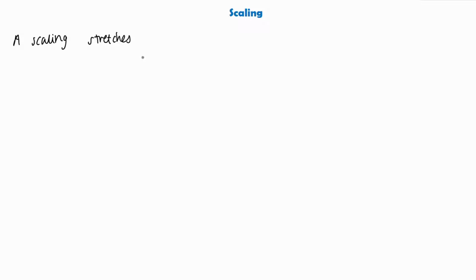So if you remember, a shift is a translation, a flip is a reflection, a scaling stretches or compresses. We'll look at both cases. So it stretches or compresses the graph along one of the axes. And again, we'll look at two cases. We'll look at scaling a graph vertically, and we'll look at scaling a graph horizontally.